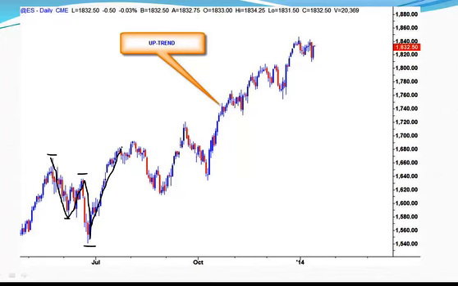Sometimes you see the same process like this, and you could see that you're just following the structure of the market. As long as new highs are made on every advance and higher lows on every decline, that's establishing an uptrend.